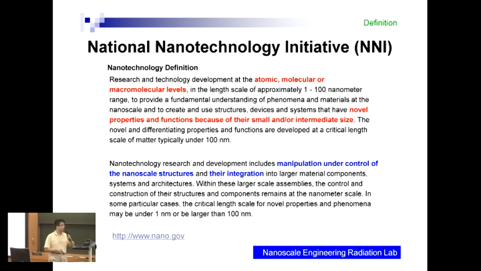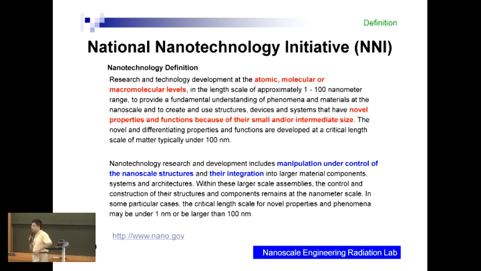President Clinton initiated the National Nanotechnology Initiative, NNI. And that NNI defines the nanotechnology.